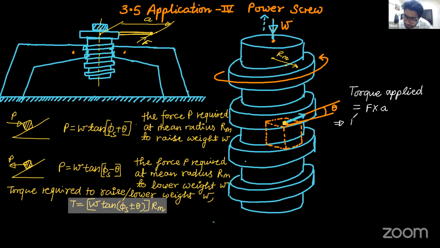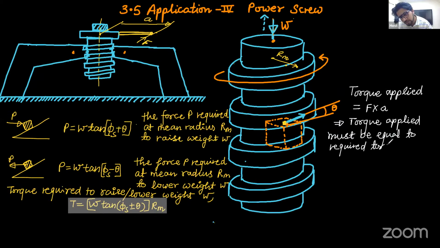So F multiplied by a is equal to W tan(phi_s plus or minus theta) multiplied by Rm.